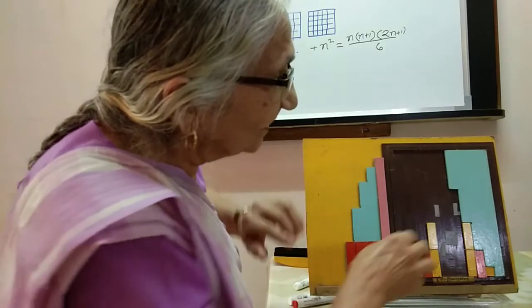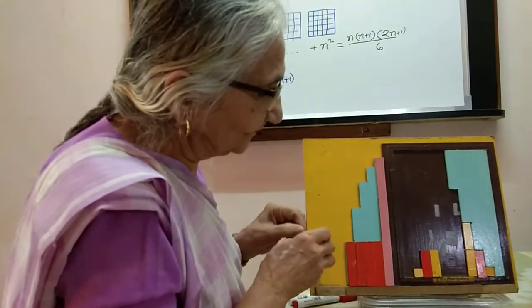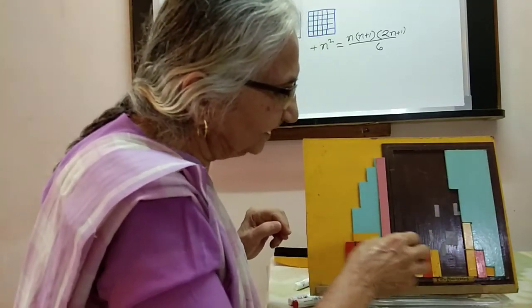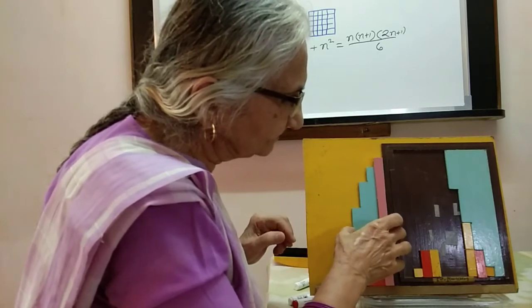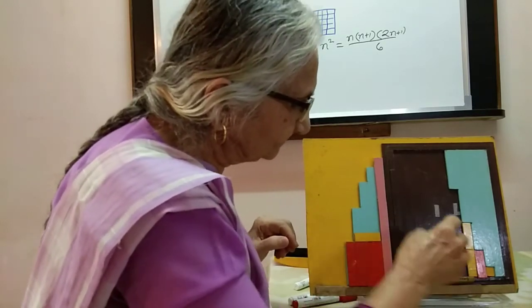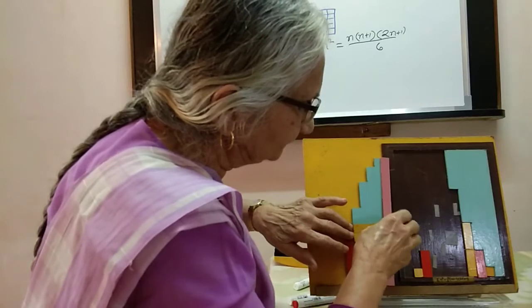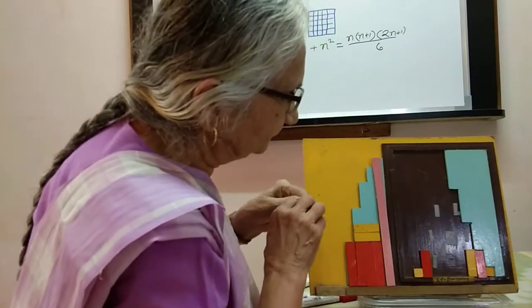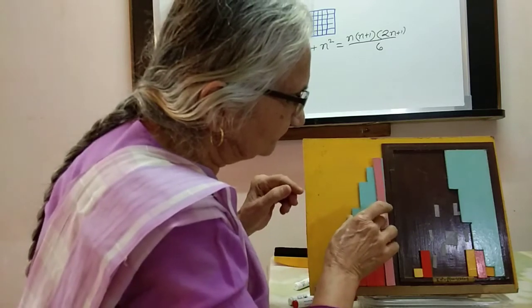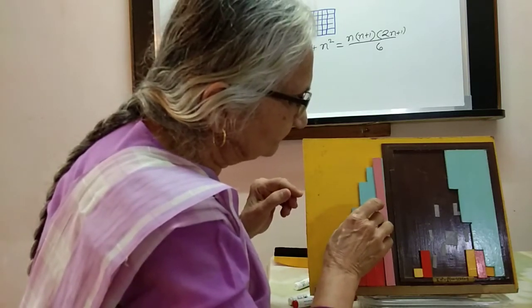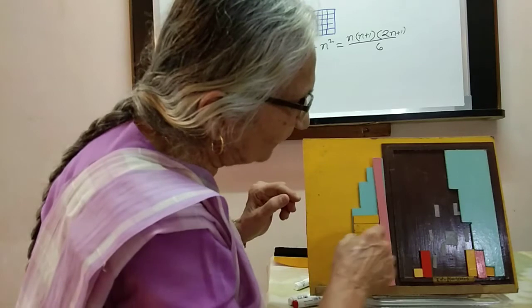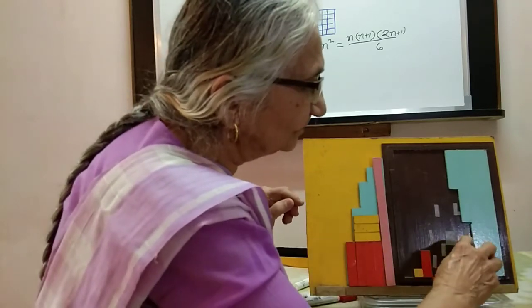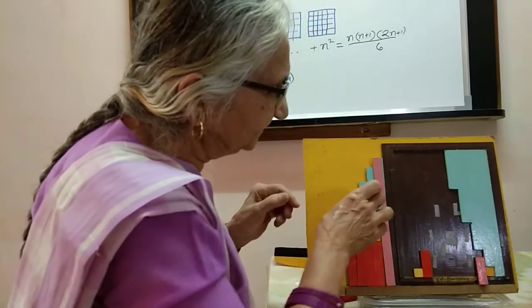Then the next one is this one. They go horizontally. And this was 4 by 4, 1 is gone, so this is 3 now. So that is how it fits here.